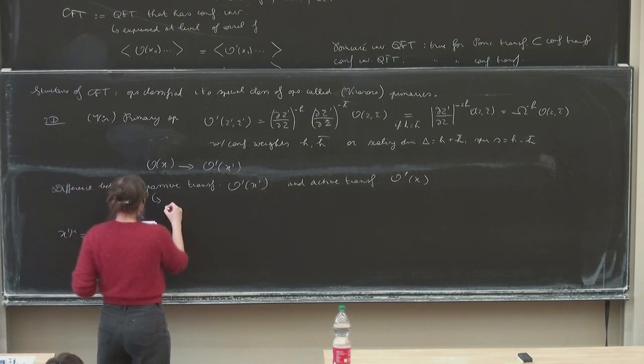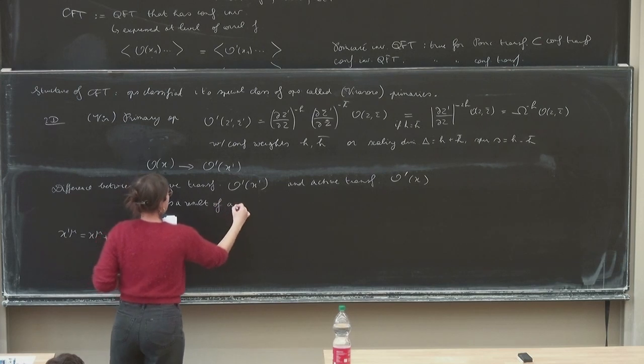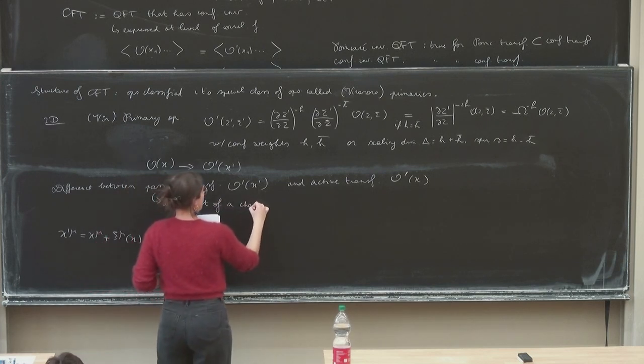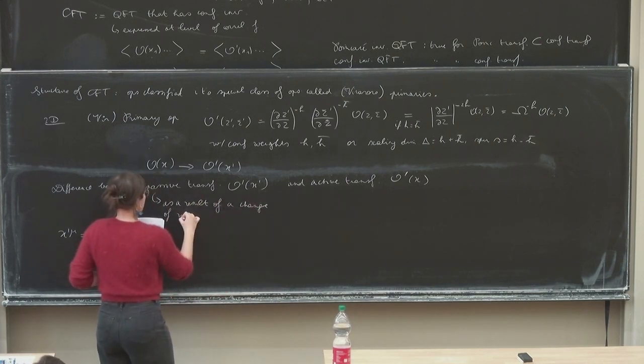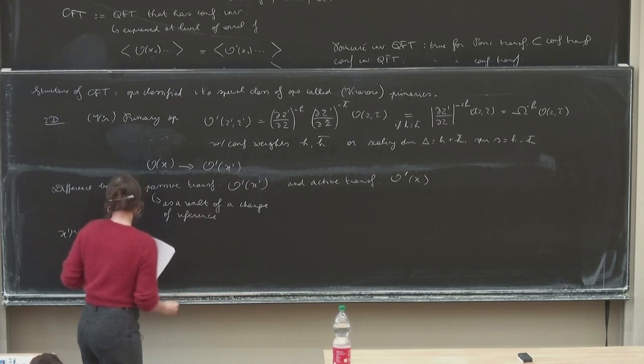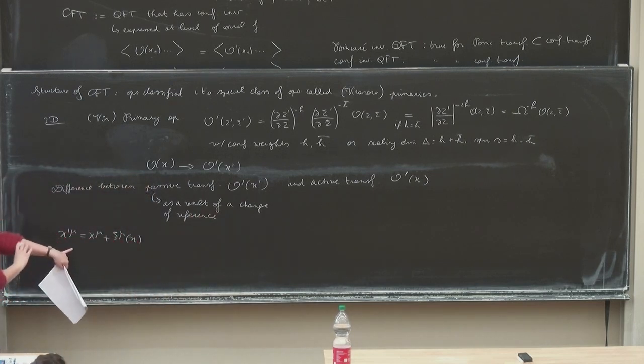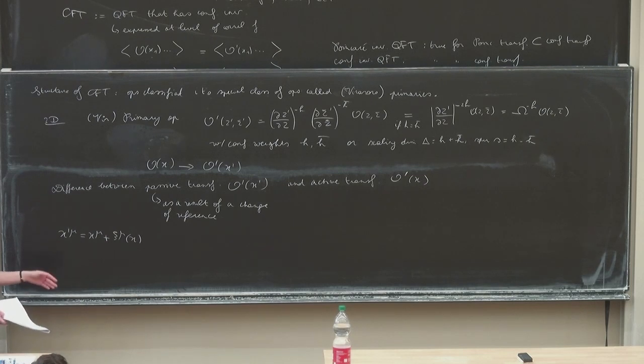Okay, so the passive one is interpreting this coordinate transformation just as going to a different frame of reference. So looking at all of the physics just from the point of view of a different observer.